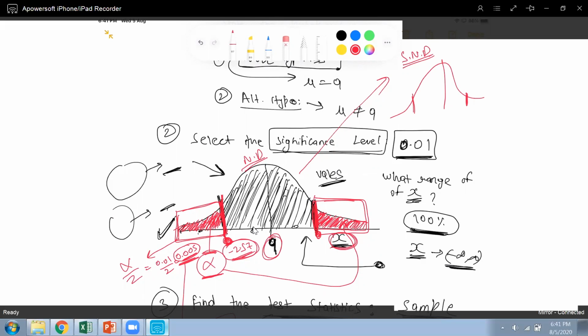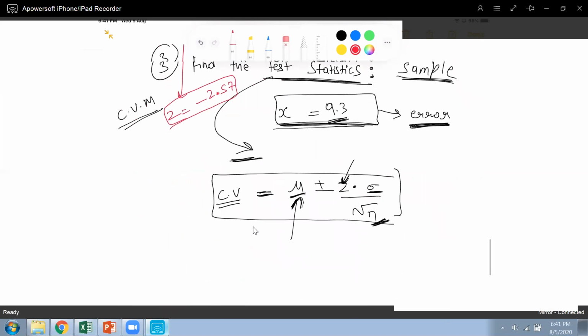Now I am doing x minus mu by sigma. So 9 minus 9 by sigma will shift to 0. So in the standard normal distribution, this will be 2.57. This value belongs to the standard normal distribution. That is what is happening.